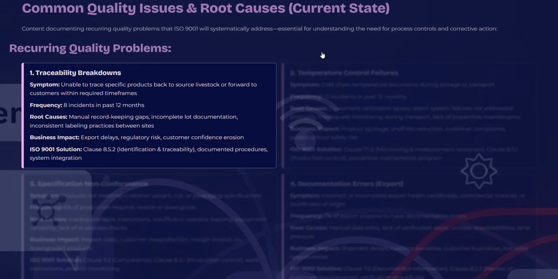The root cause for this problem is manual record keeping gaps, incomplete lot documentation, inconsistent labeling practices between site A and site B. Business impact of this problem is export delay, regulatory risk, customer confidence erosion. Those are the problems and the impacts of these problems. So the ISO 9001 solution: clause 8.5.2, identification and traceability, documented procedures, and system integration.